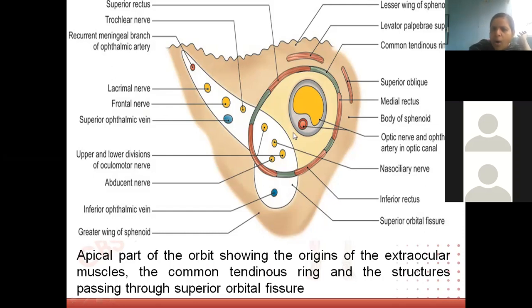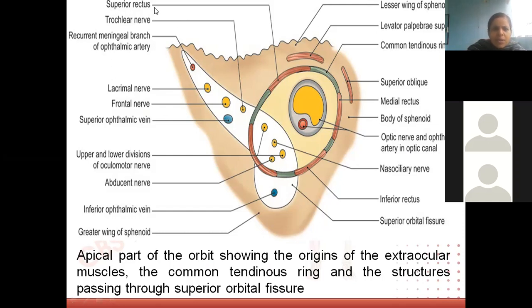Now this is our optic canal. Optic canal gives passage to which structure? I said optic nerve. In the skull bone, only two areas are shown here in order to show the origin of the extraocular muscles. Surrounding the optic canal, there is a ring. The name of this ring is the common tendinous ring. This common tendinous ring gives origin to all the extraocular muscles.